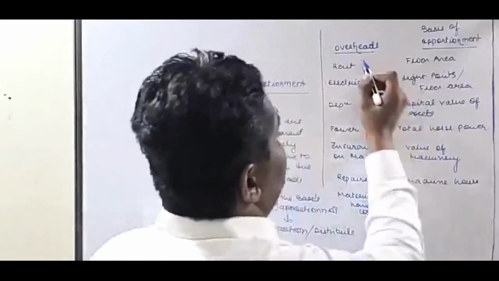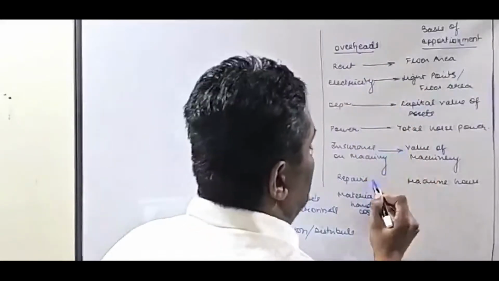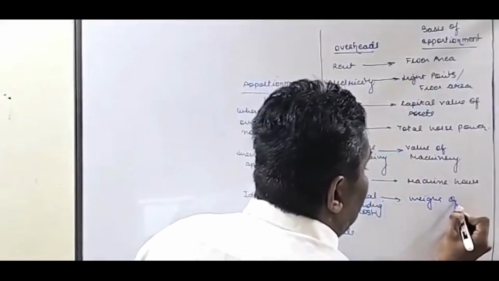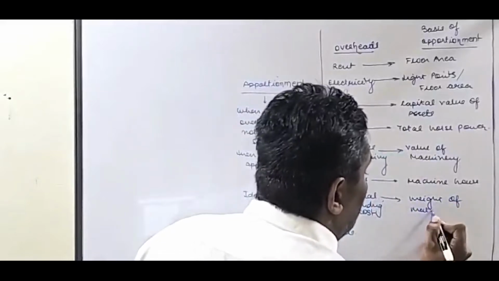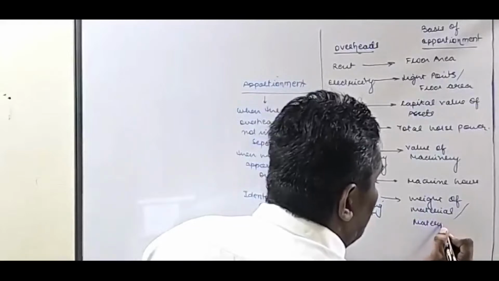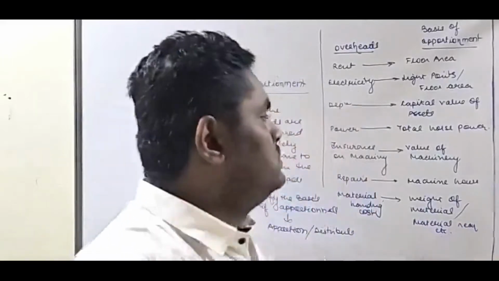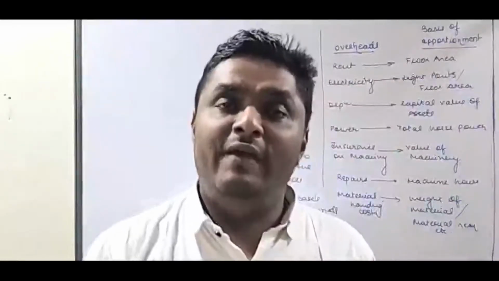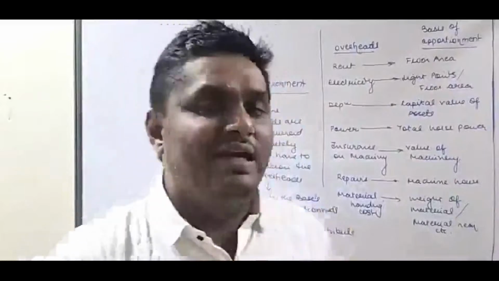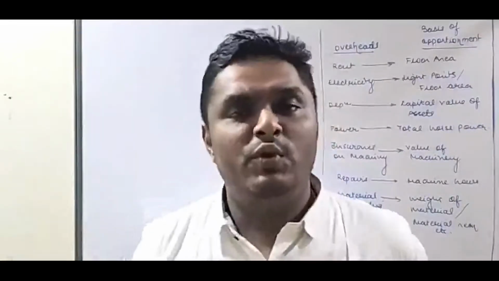So if material handling is there, weight of material or material requisition. So you have to use your skills and identify what will be the basis of apportionment. And accordingly, once the ratio is identified, we can easily apply basic mathematics and distribute the overheads.